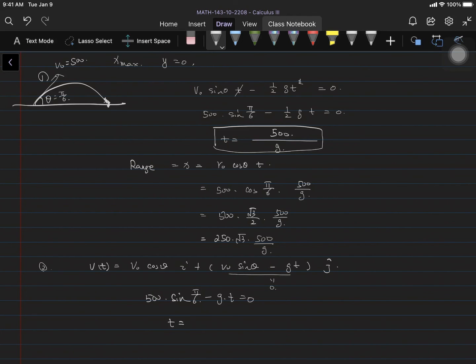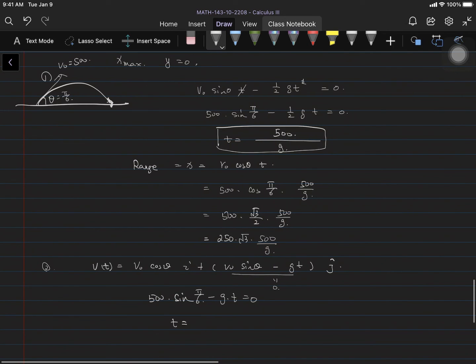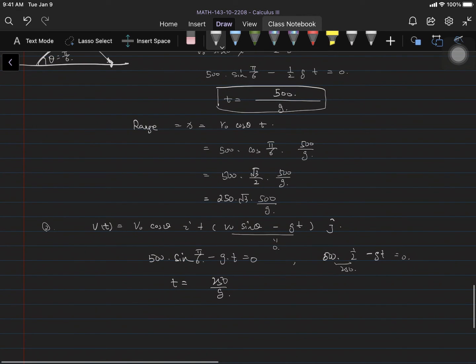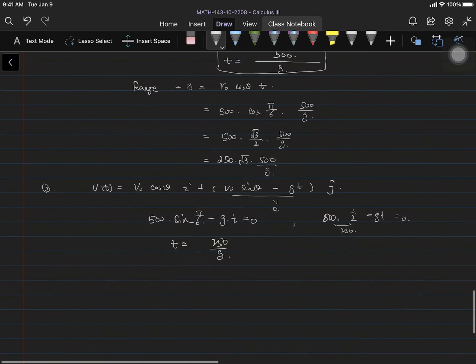Solve for t. Here 500 times sine 30 degrees, which is 1/2, gives 250. So t equals 250 over g.